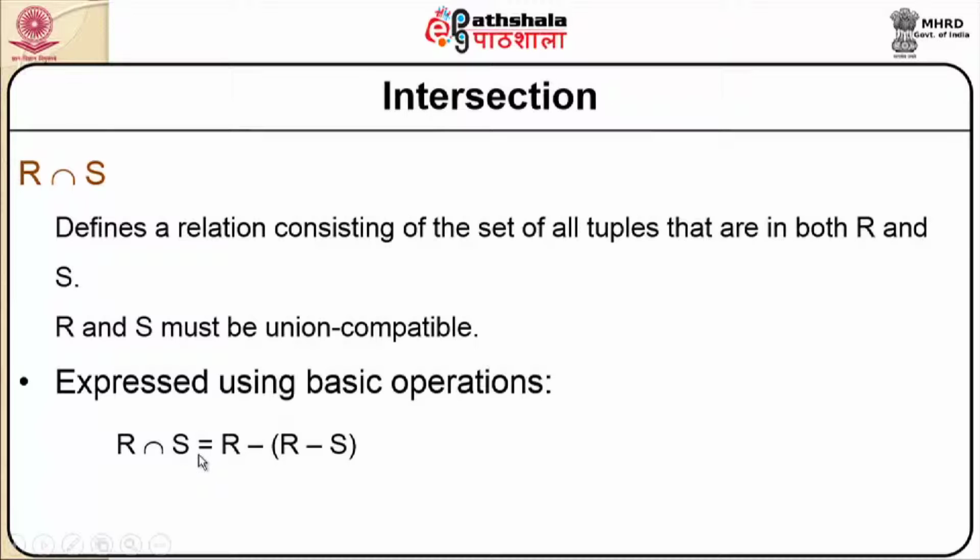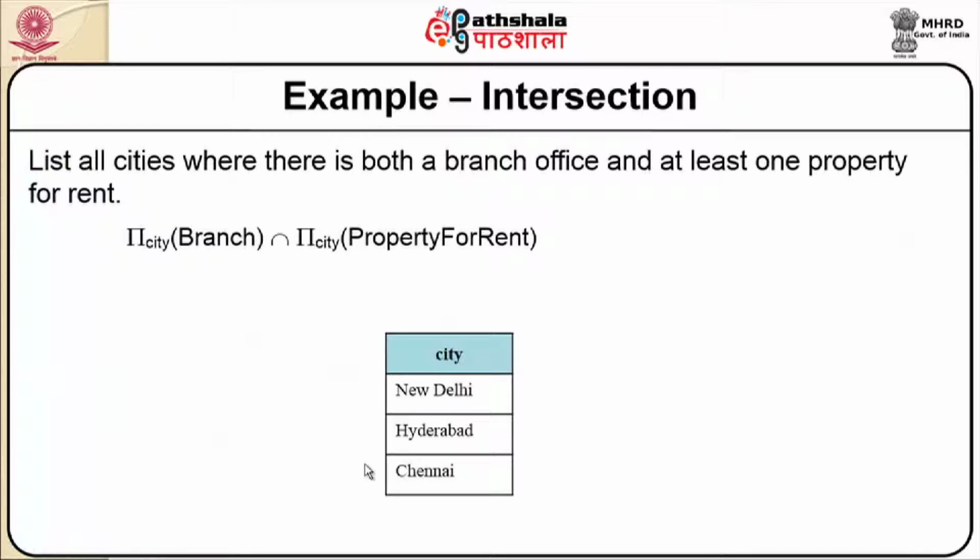R intersection S can alternatively be expressed as R set difference of R with S. So, here we have an example for intersection: list all cities where there is both a branch office and at least one property for rent.